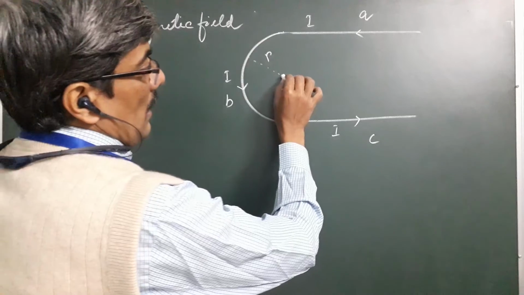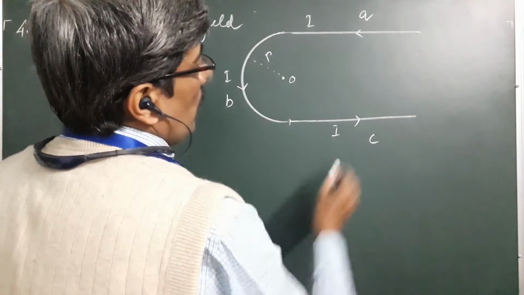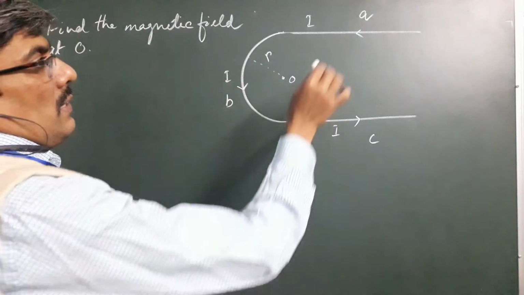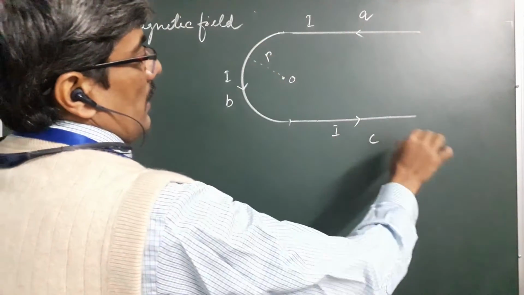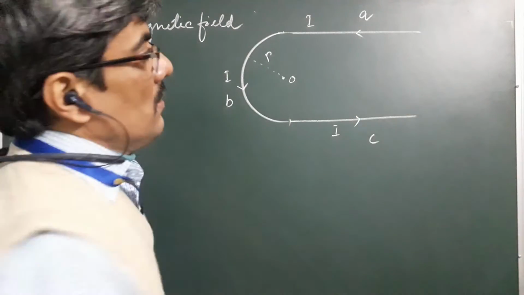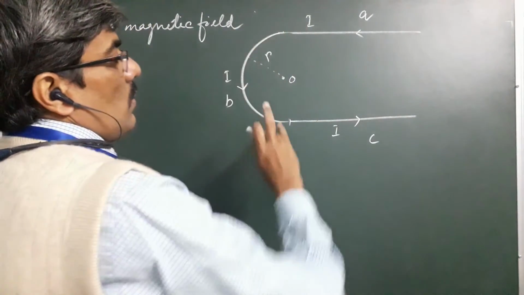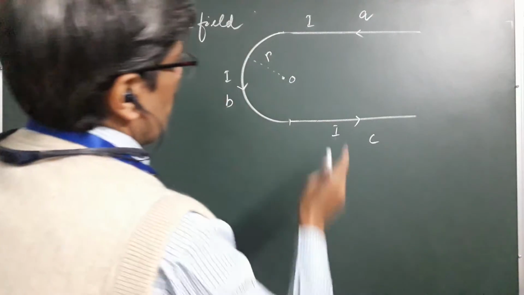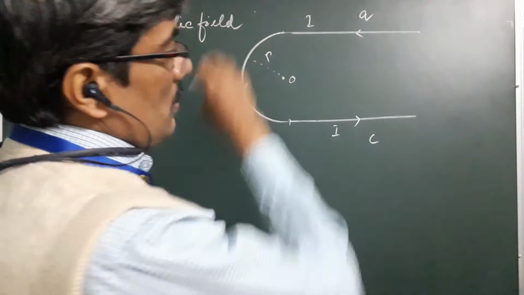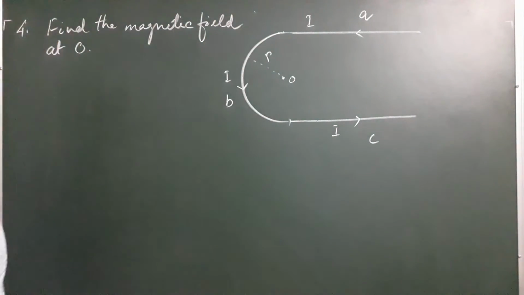So you have to calculate the magnetic field at O due to this entire curved conductor. The conductor carries a current of I. We'll divide this into three sections, two straight and one semicircular, and try to find out the net magnetic field due to the contributions of all these three. See how you solve this.